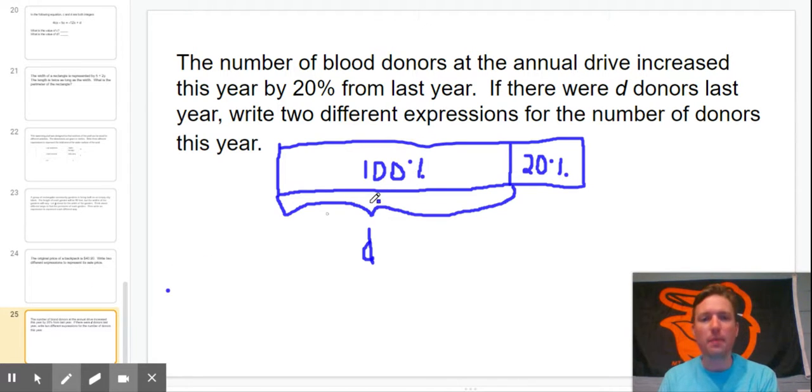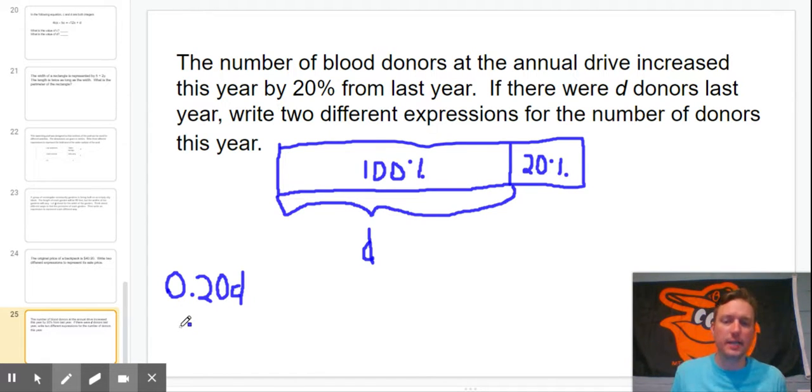So I would have my decimal of 20%, which is 0.20, or 20 hundredths, times D. That gives us our 20% increase.